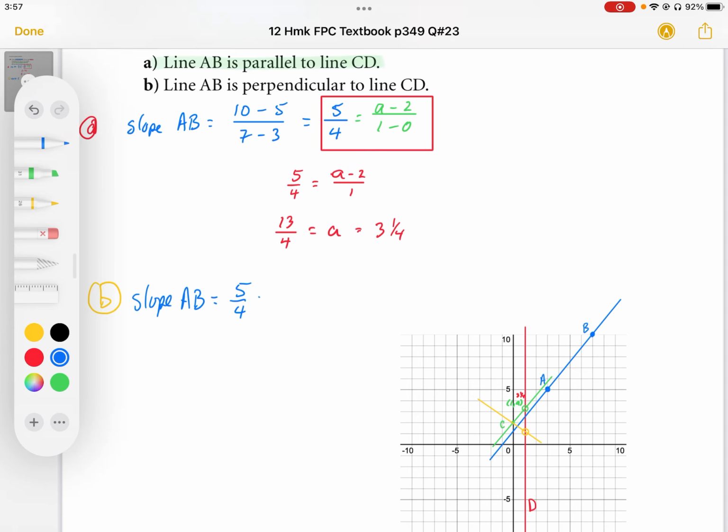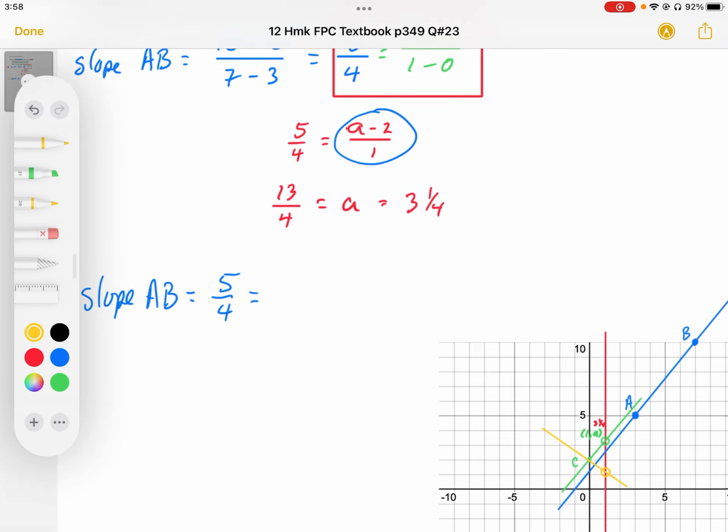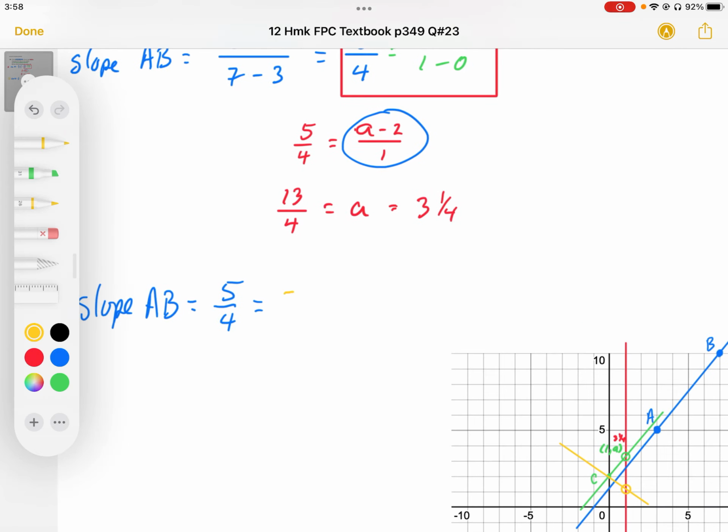And that's going to be equal to, well, perpendicular means a negative reciprocal. So the negative reciprocal expression, which I'm going to write in yellow, is going to be negative 1 over A minus 2. So that's one way I can do this, and I can cross multiply and solve.